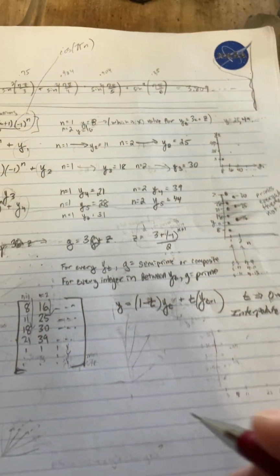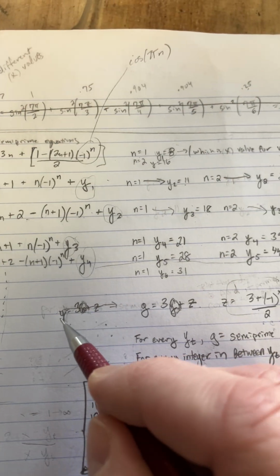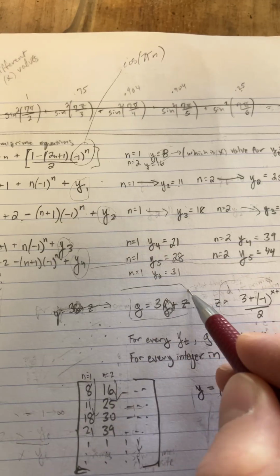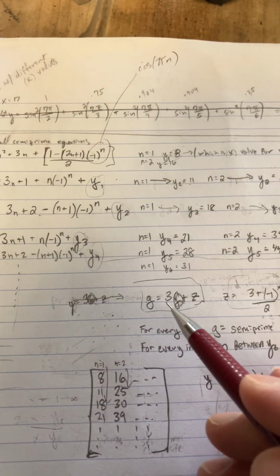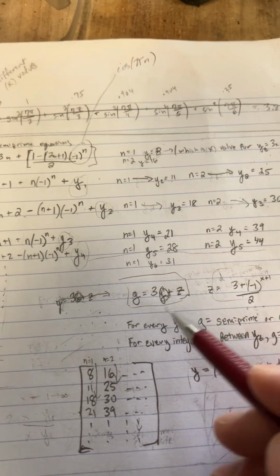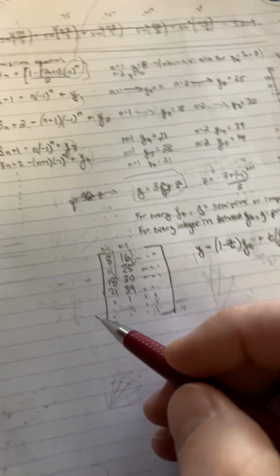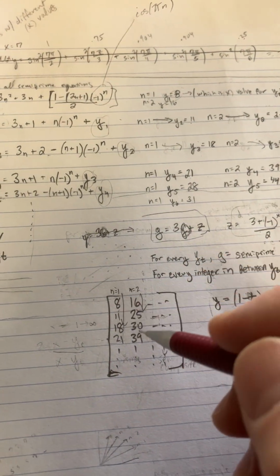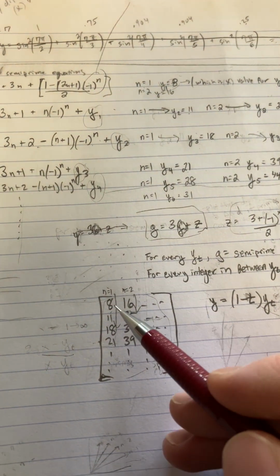So the Dirichlet series, what I initially called y equals 3x plus z, now we're going to say it's g equals 3y plus z, where these individual equations will give you all of your semi-primes and your composites. And you turn that into a matrix. And all the integer values in between these will give you the primes.